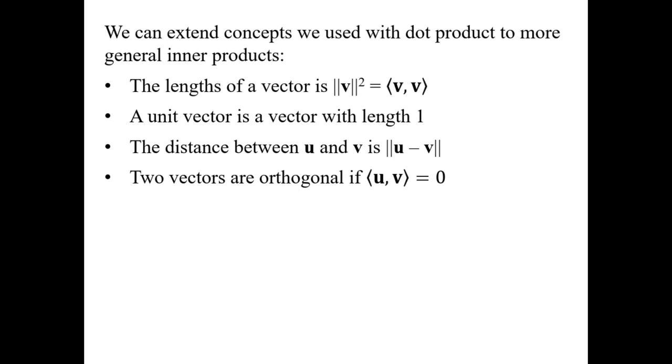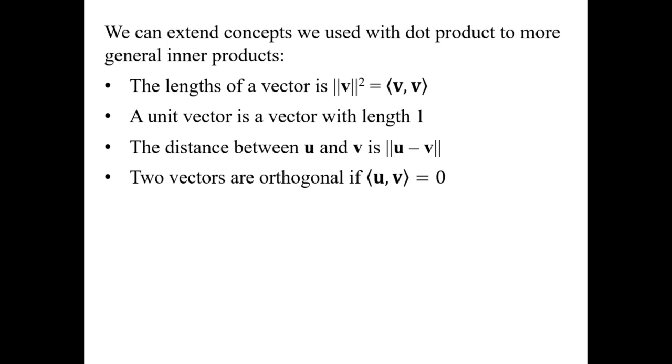Now, I do want to caution you a little bit. In Rn, the idea of orthogonal meant perpendicular, meant they intersected at right angles. That was true when our inner product was the dot product, the standard inner product. The idea of orthogonal here doesn't really make sense geometrically.